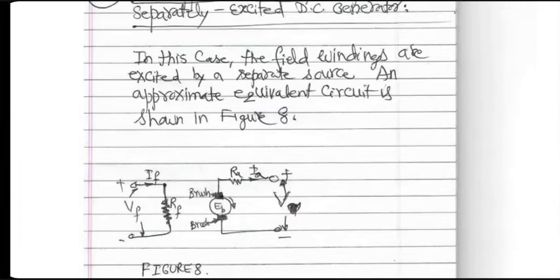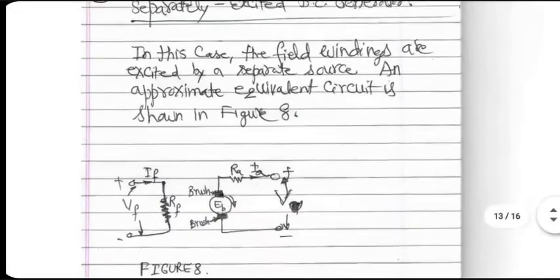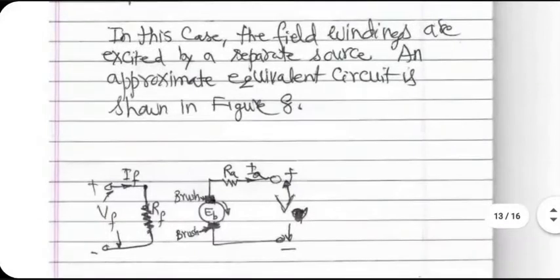As a result, in the equivalent circuit, we put a so-called armature resistance, RA, in series with the armature before we get the actual voltage out from the armature. These two terminals, plus and minus, represent the two brushes, but after all the losses have been accounted for using RA in the armature.